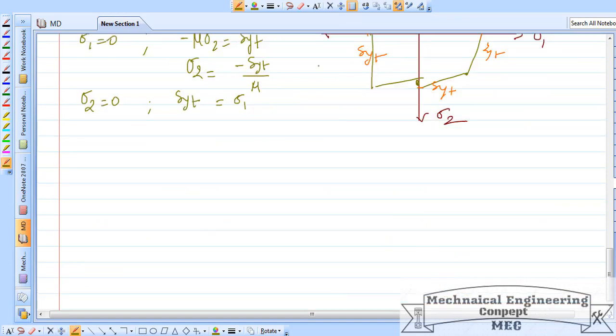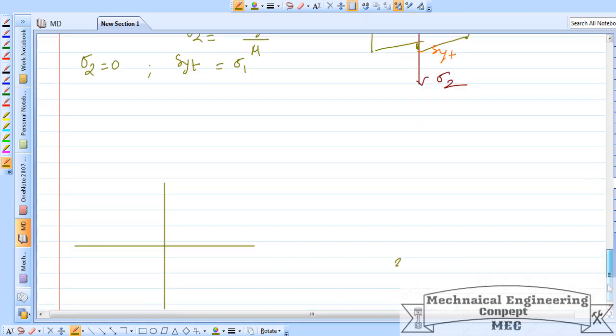Once again I am plotting this boundary condition.